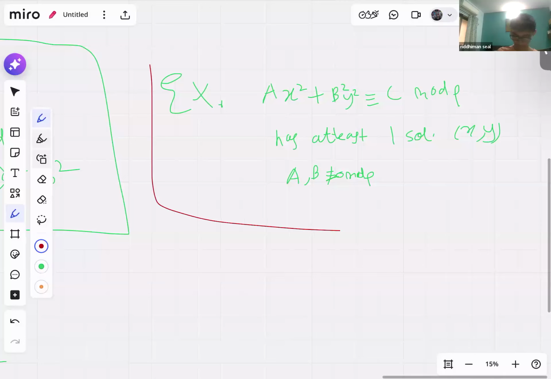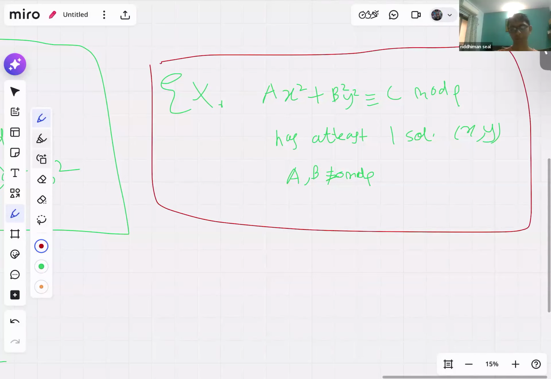I will leave this as an exercise. If you understand the proof for the previous problem, this should be straightforward. Okay, now I will move on.